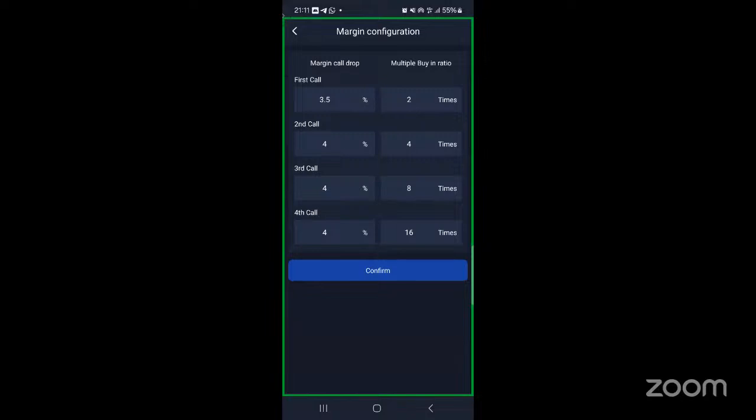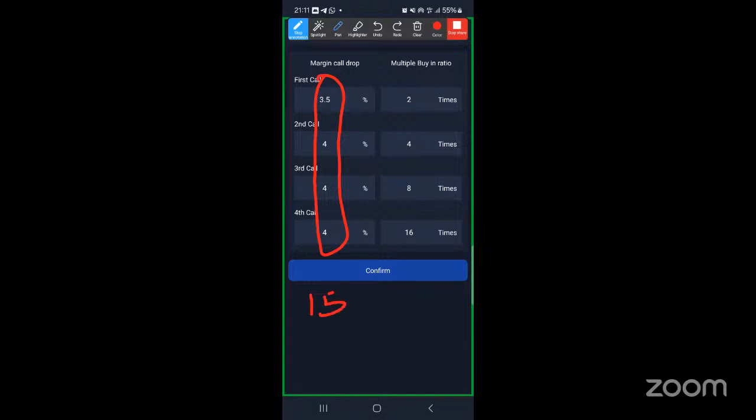Your money can only cover up to margin call number 4. But margin call number 4 is dropping up to negative 15.5. However, the coin has the ability to continue dropping after buying your 4th margin call, up to negative 30. What are you going to do?